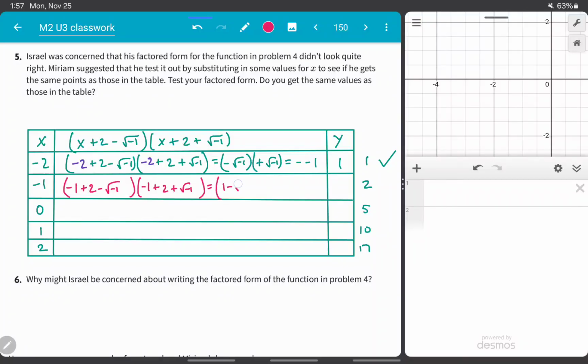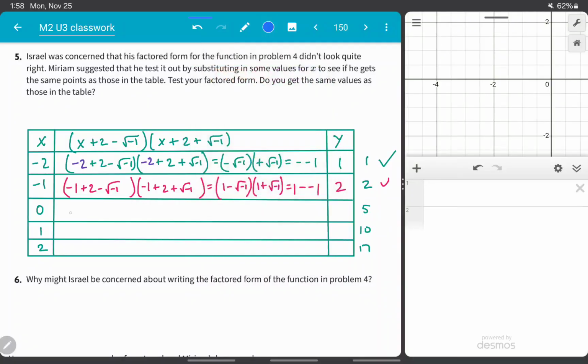So I have 1 minus square root of -1 and 1 plus square root of -1. So this is going to be a difference of squares. So 1 squared is 1, then minus square root of -1 times square root of -1, that's square root of -1 squared, which is just going to be -1. So 1 minus -1 is 2, and that one works out also.